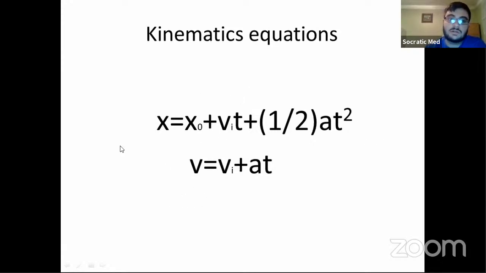Chris put it in the chat. Chris is one of the other tutors as well. It can be useful, but like I said, you can figure that equation out on your own. These are just the fundamental ones, and that's why I'm focusing on these.